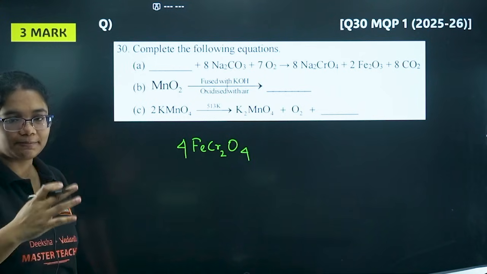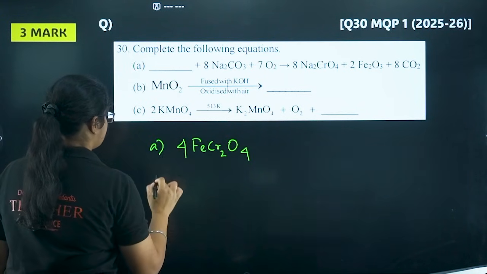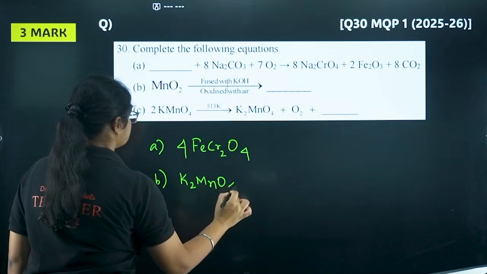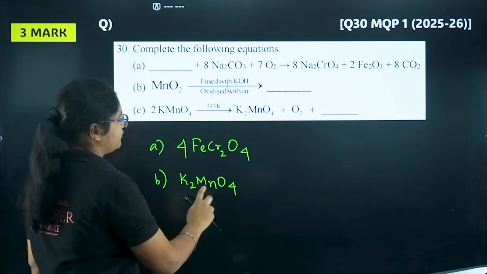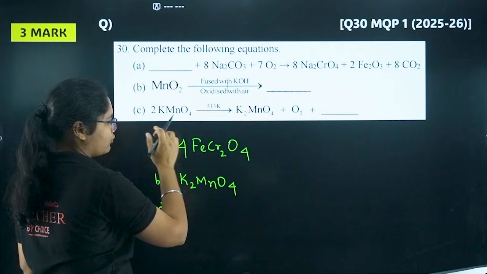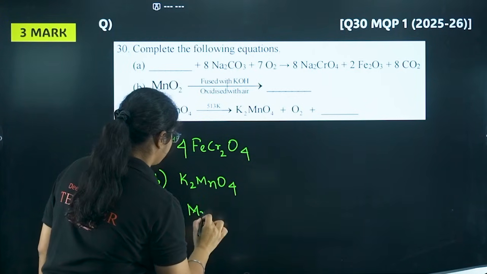That is for the preparation of potassium permanganate. What do we get in the second one? We get K2MnO4, plus water is produced, but the major product is K2MnO4. Next, the third one is the heating of KMnO4. We get K2MnO4 plus O2 plus MnO2.